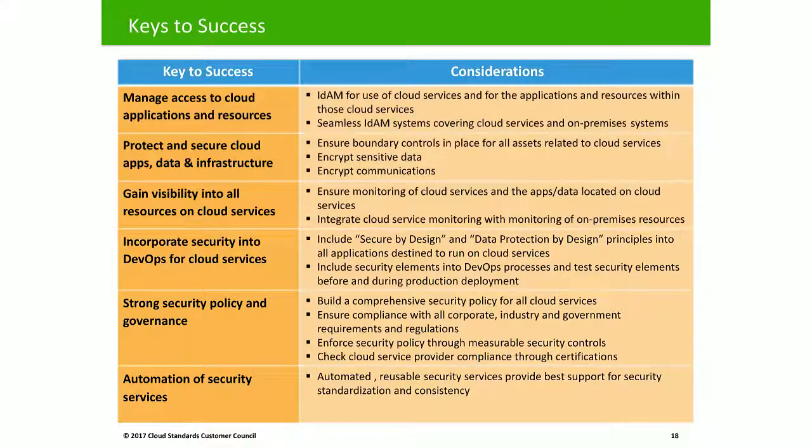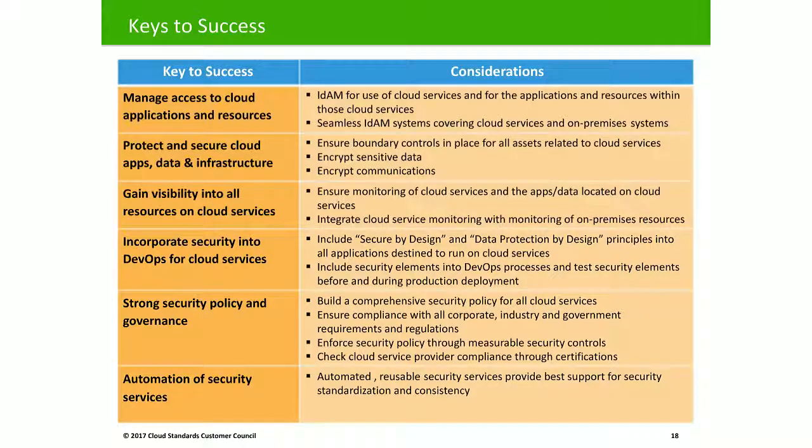Thanks, Vishnu. So to recap, first and foremost, you need to know who's accessing your cloud apps and restrict access to only those who need it, and your infrastructure. We talked about a number of different ways to accomplish that, like single sign-on, identity as a service providers, multi-factor authentication, considerations such as user roles, and segregation of duties.